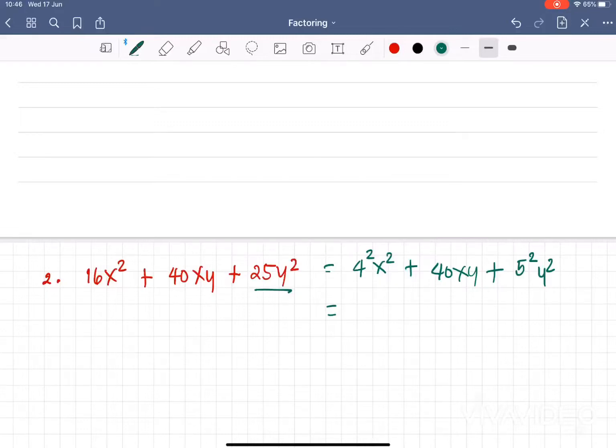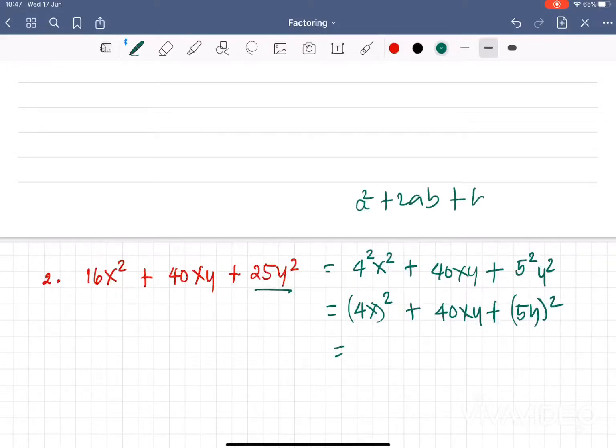So we can have now 4x quantity squared plus 40xy plus 5y quantity squared. From the formula, we have a squared plus 2ab plus b squared. This is the formula that we will be using.